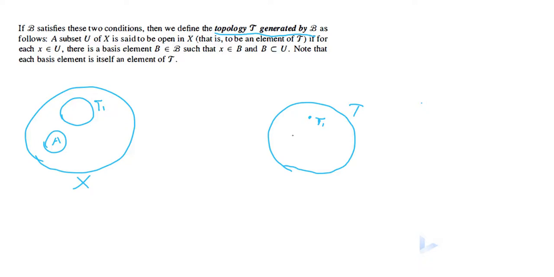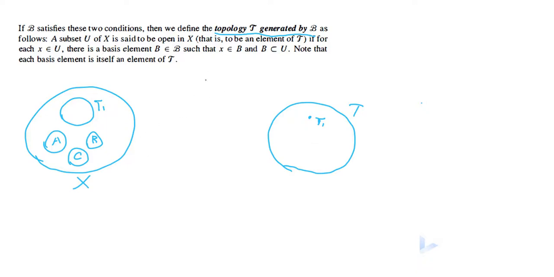But how can we do that? Because we have a lot of subsets A, B, C inside this set X, how can we decide which subset is open and we can put inside this collection and make it a topology?